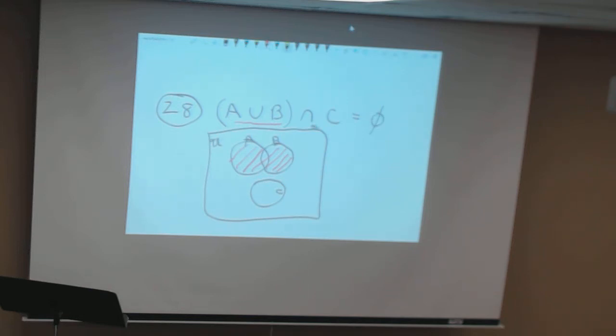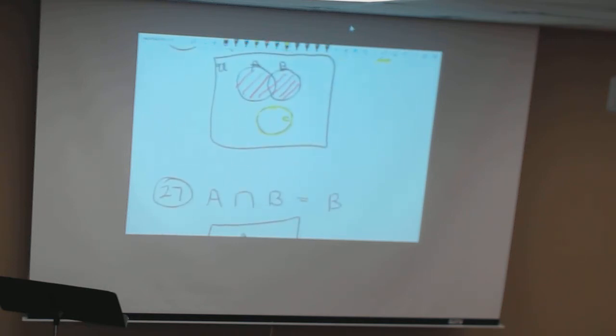And then intersect with C. Why did I put C down here? Because what's the answer to intersecting with C? Empty set, so that means they don't intersect. So I put C down here by itself. Okay?